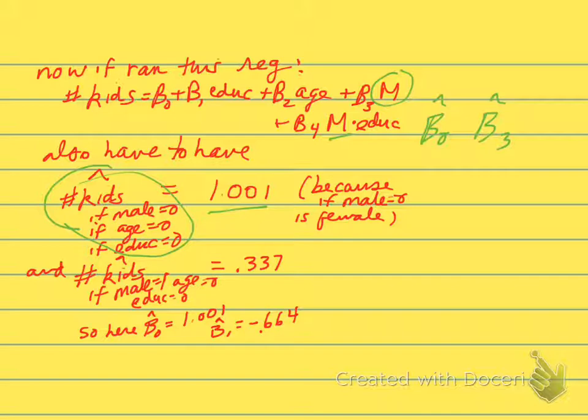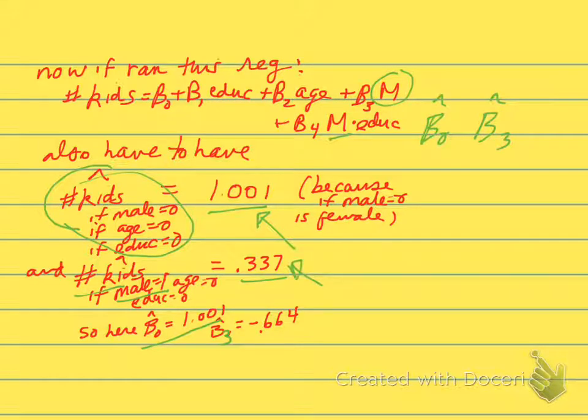And if you're female, it has to be 1.001. So this implies that the coefficients of this new estimated equation have to be: beta 0 hat has to be 1.001, and beta 3 hat has to be negative 0.664. That way you'll get predicted outcomes for the number of kids that are exactly the same as in the earlier regression.